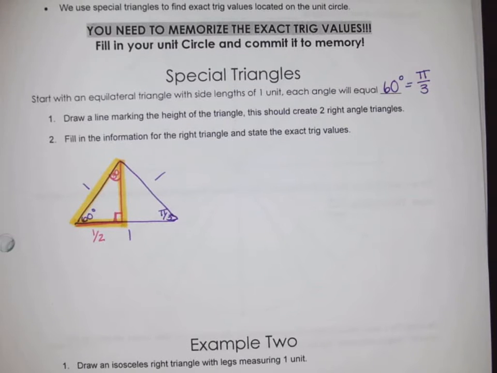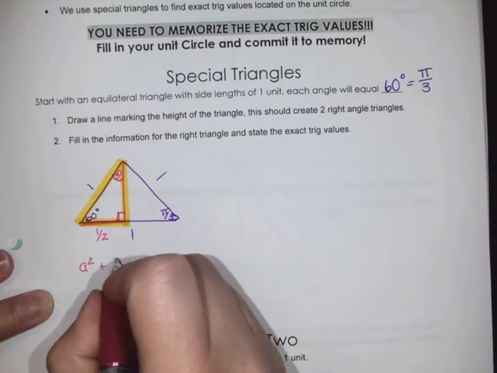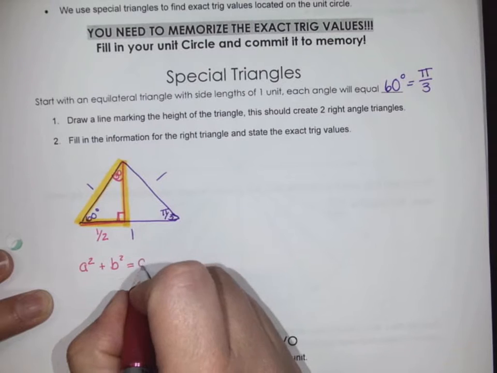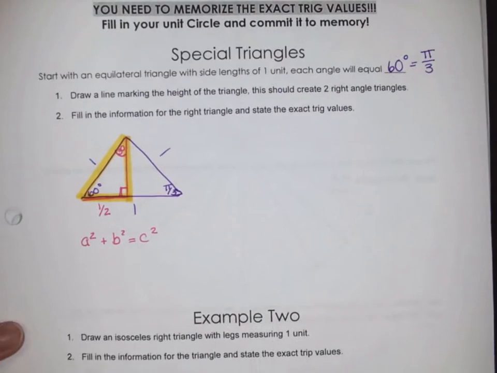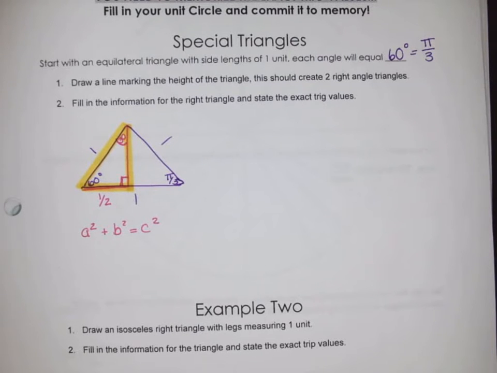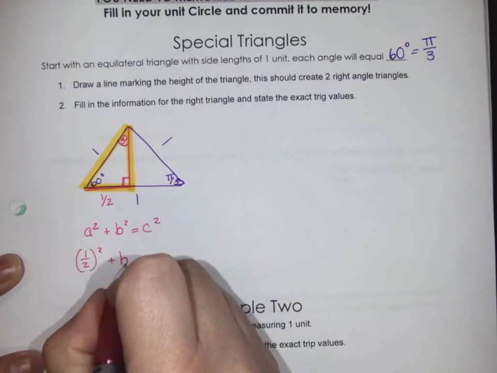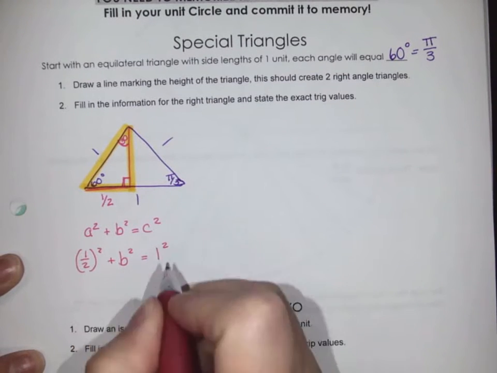Pythagorean theorem is what we're going to do. Okay, all right. a squared plus b squared equals c squared. We know what c squared is. 1/2 squared is 0.25. Okay, so let's keep it in fractions though. So we have 1/2 squared plus b squared equals 1 squared.